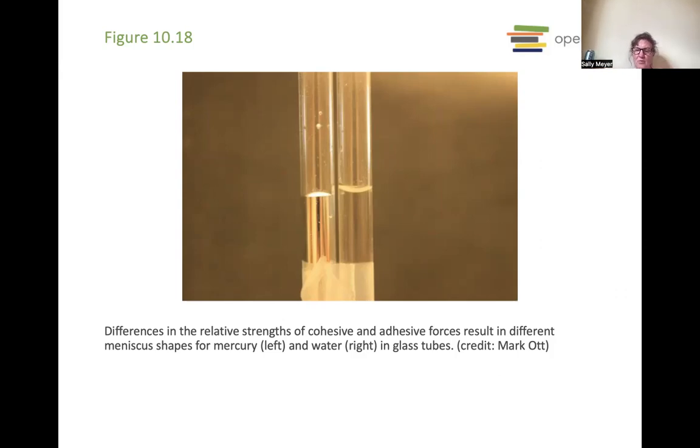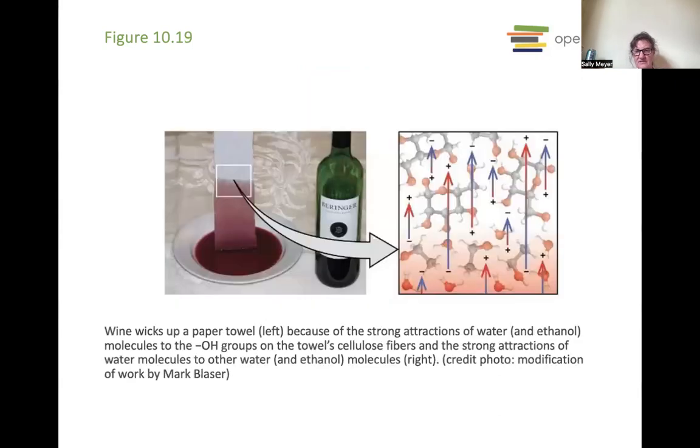Water has strong adhesive forces. It interacts with the glass, so it's attracted to the glass and tries to have more surface area of interaction with the glass, whereas mercury is the other way. It's got stronger cohesive forces, so it's more attracted to itself, and it doesn't attract itself to the glass and move up the glass, trying to maximize that surface area.